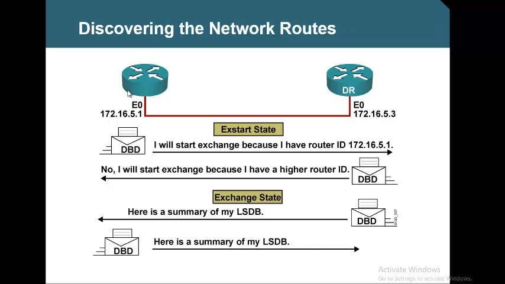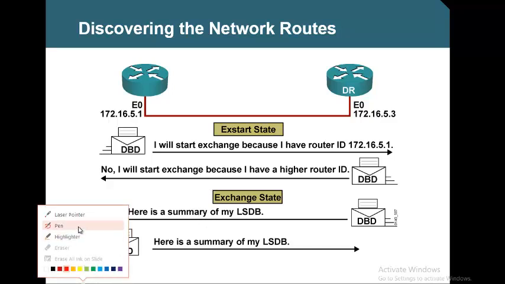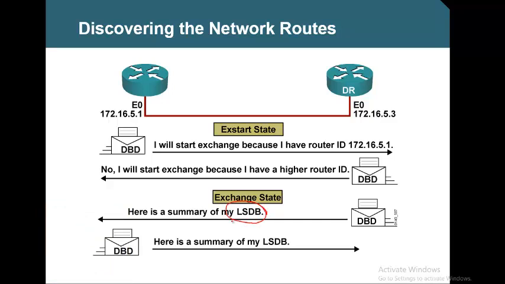And then the exchange state is where the LSR and LSU are shared between these two routers. Link state request. Because it's a DBD, not the entire LSDB, because it's a summary, the exchanged DBD may not be that clear sometimes.